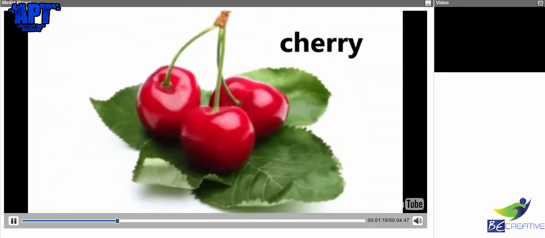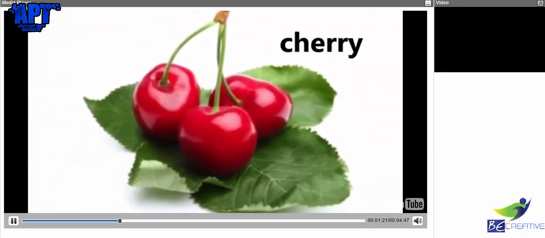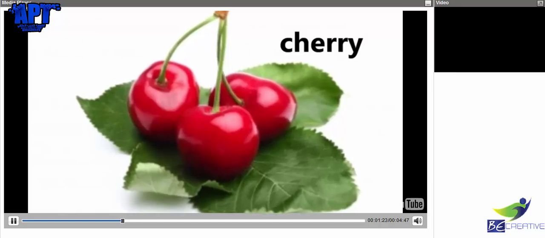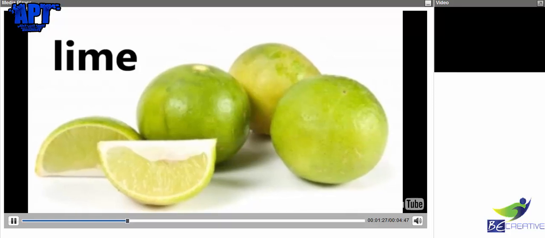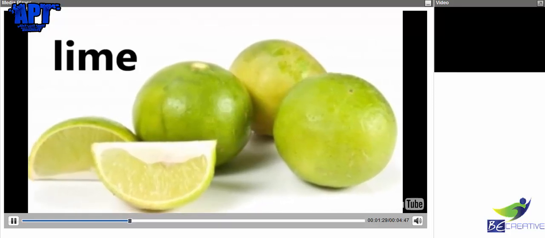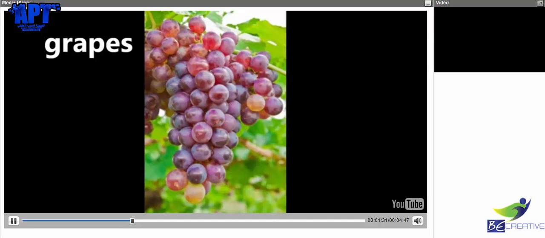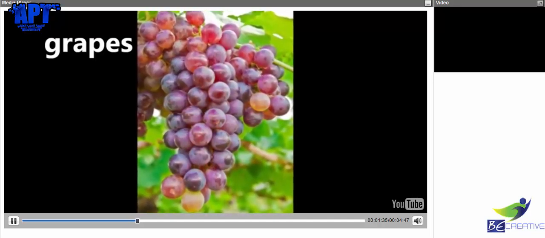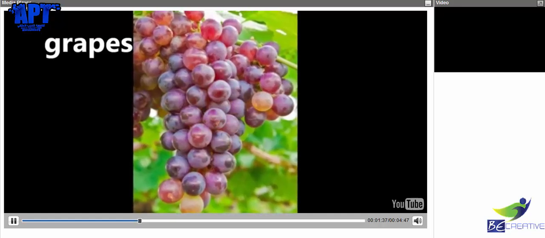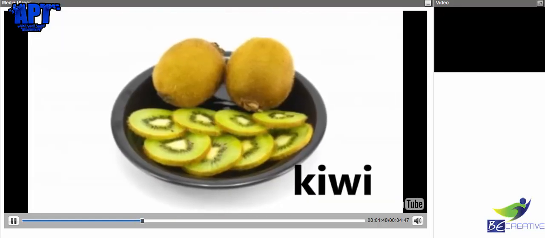Cherry, cherry. Lime, lime. Grapes, grapes. Kiwi, kiwi.